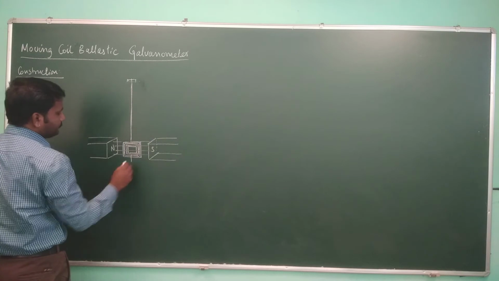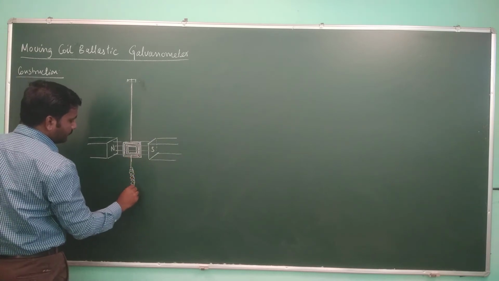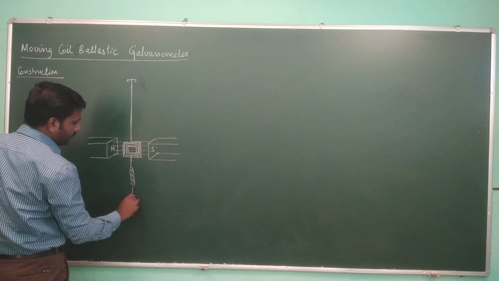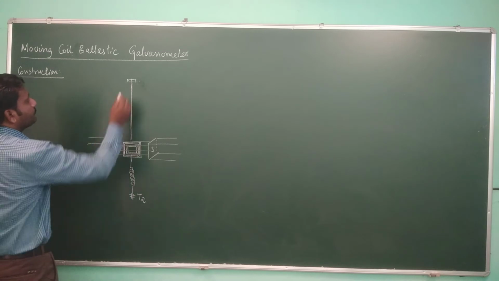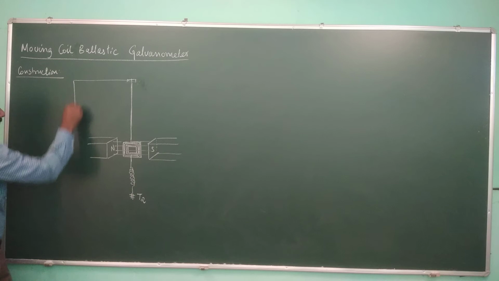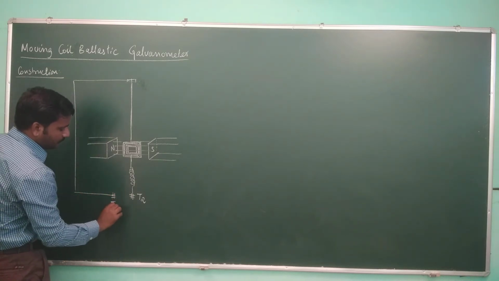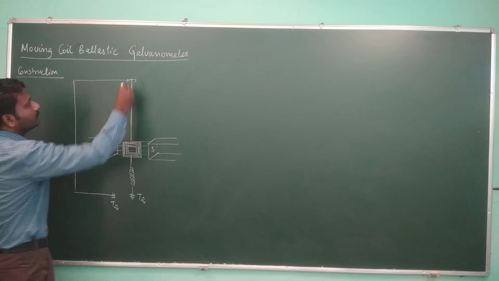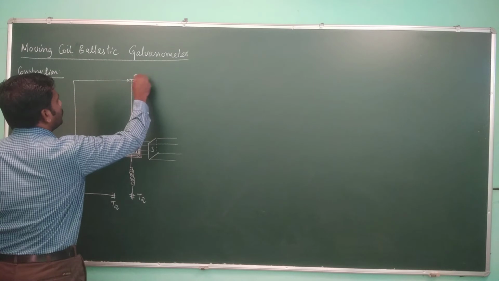On the other end it is connected with the spring, then to the terminal T2. There is another terminal T1. This is the suspension point, the torsion head.